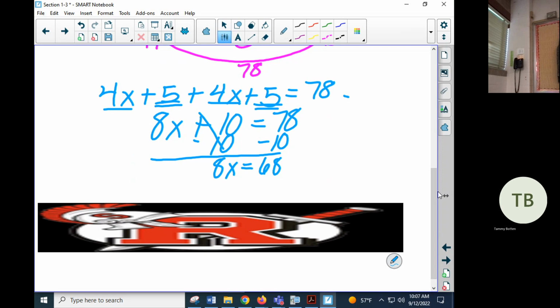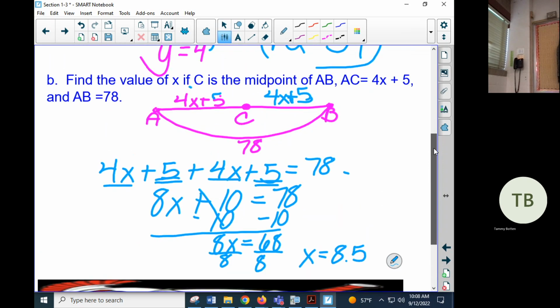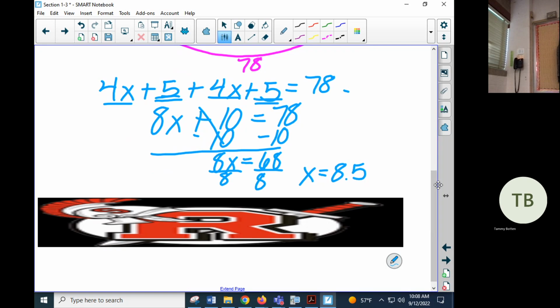And then we divide by 8. 68 divided by 8 is going to give us 8.5. Okay. Now, are we done? This one just says find the value of x, so we are. It doesn't ask us to find anything else, so we're good there.